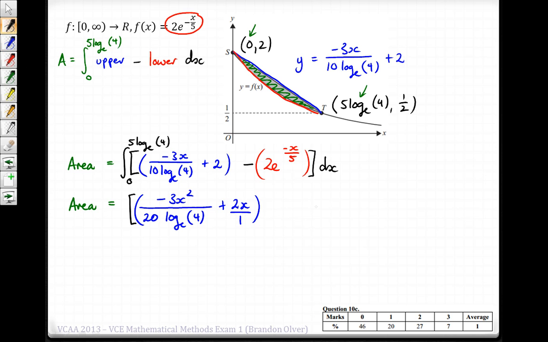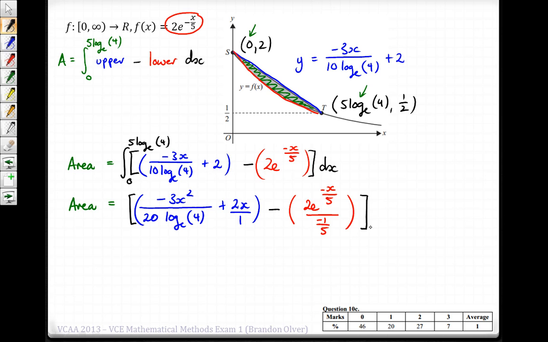And then we're going to subtract away the integration of the red, which is going to be 2e to negative x on 5, and we're going to divide that by negative 1 on 5 to get the integration that we want.